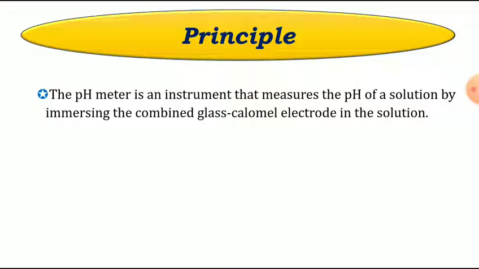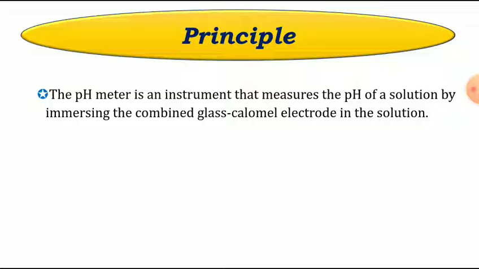A pH meter is used to determine the pH of different solutions in pharmaceuticals. It is a more accurate method than the pH strip. A pH meter contains a pH probe that passes the electrical signal to the pH meter, and the pH meter displays the pH value of the solution.